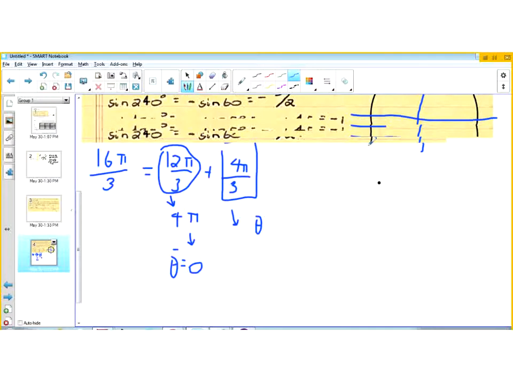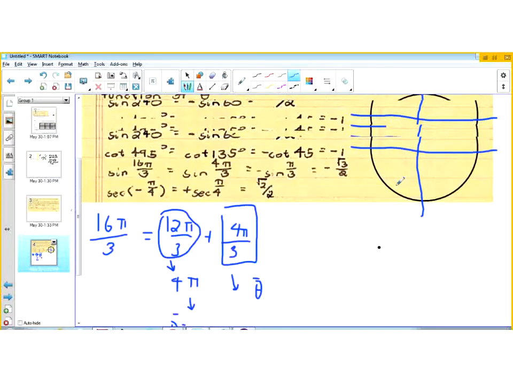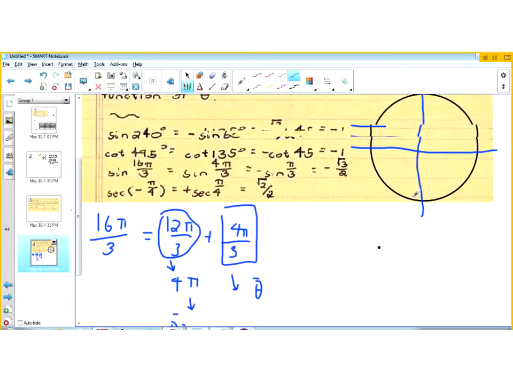So at this point right here, this is 3 pi over 3, and this is pi. And this is 1.5 pi right here. So 4/3 is 1 1/3, so 4/3 pi will be somewhere along this arc.